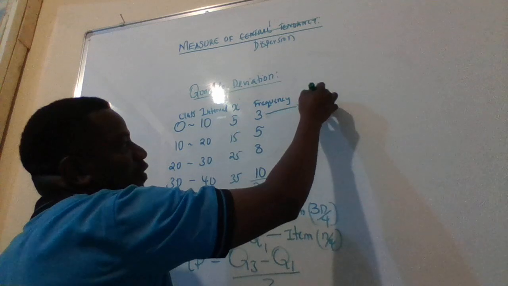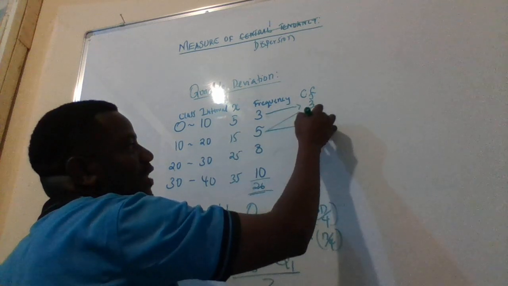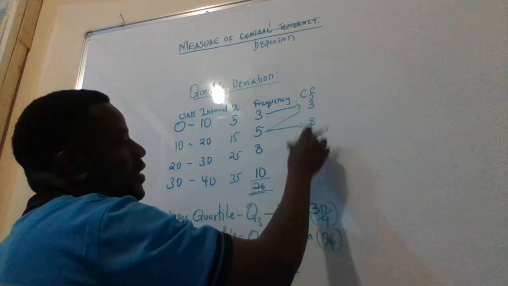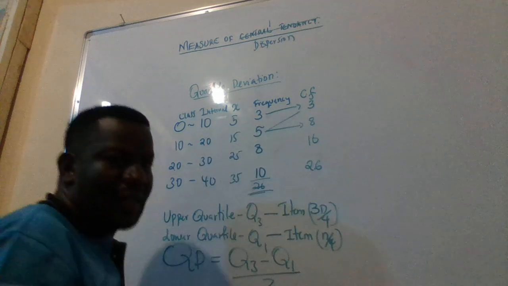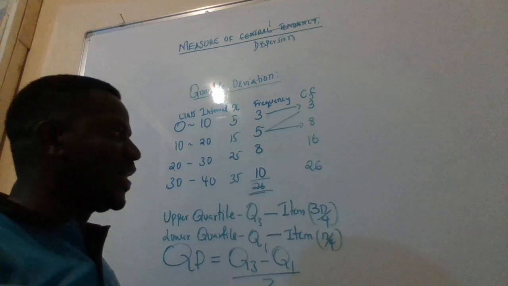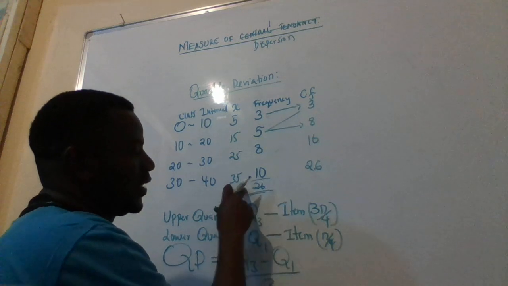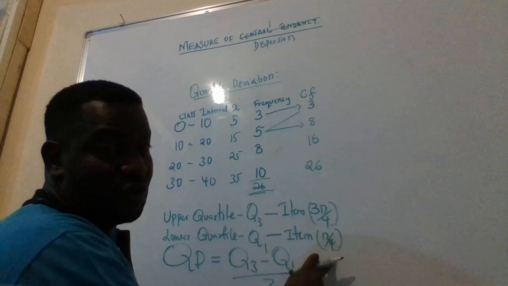Our CF: 3, add 5 is 8, 8 add 8 is 16, 16 add 10 is 26. Now, our n is 26. So for us to get Q1, it will be 26 divided by 4.